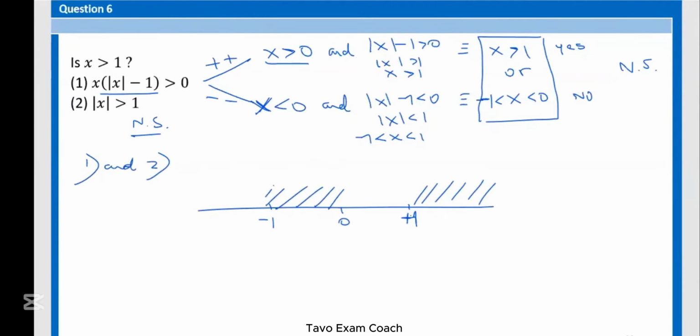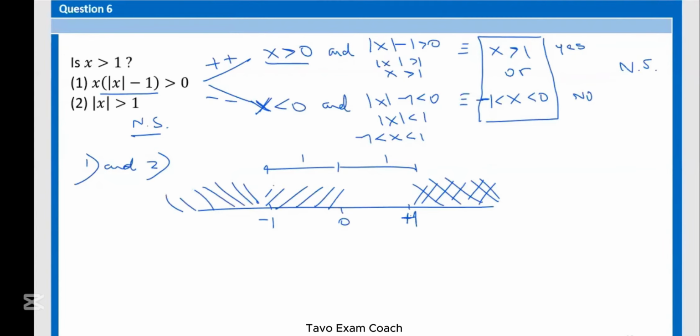On the other hand, statement 2 says that the distance from x to 1 is greater than 1. Sorry, the distance from x to 0 is greater than 1. So if the distance of 1 is this, that means x should be greater than 1 or less than negative 1. That is the second statement.